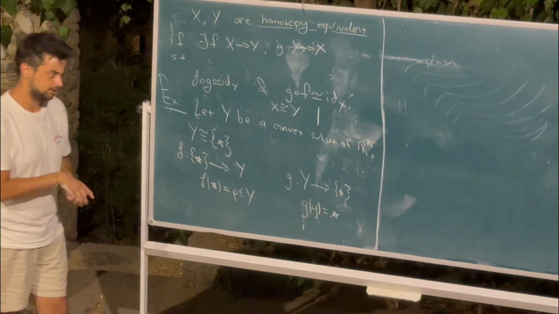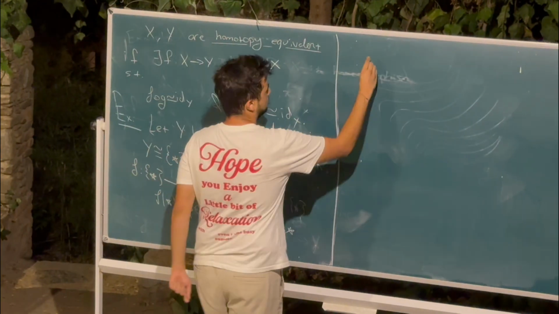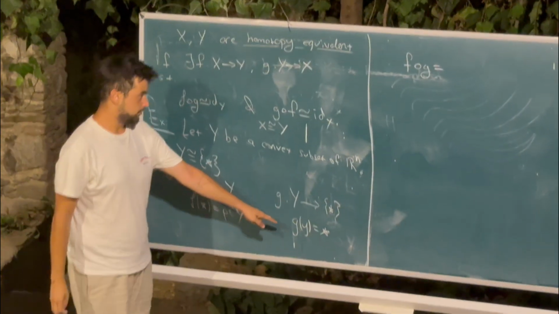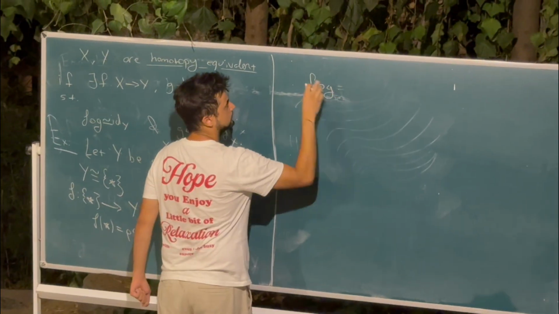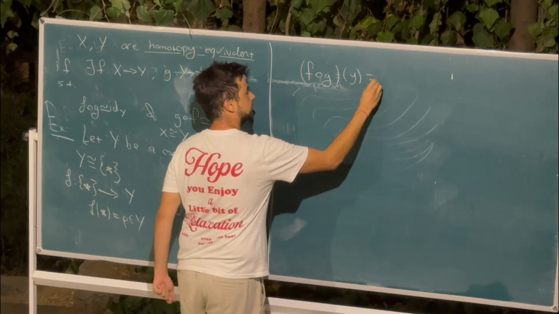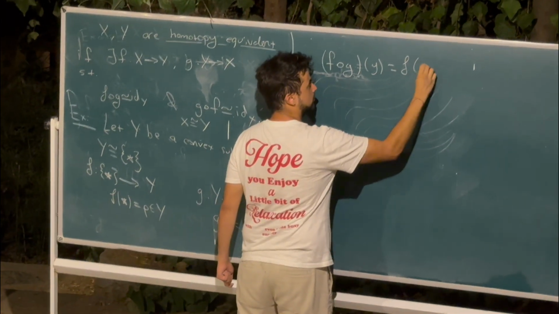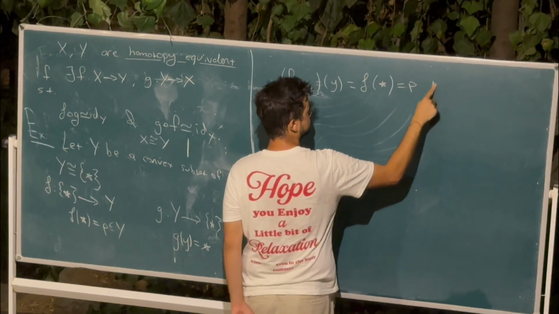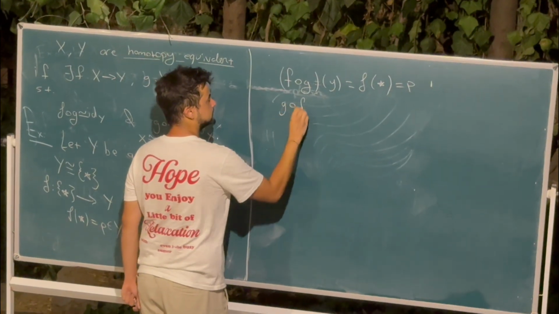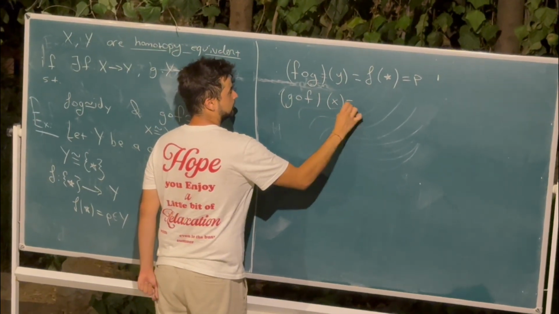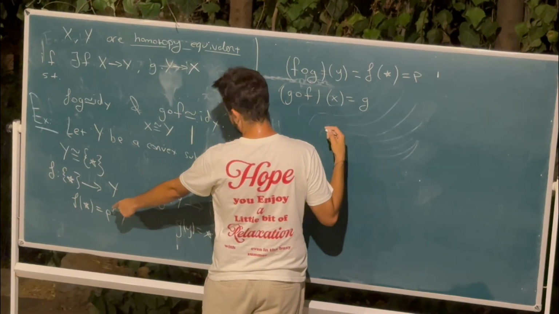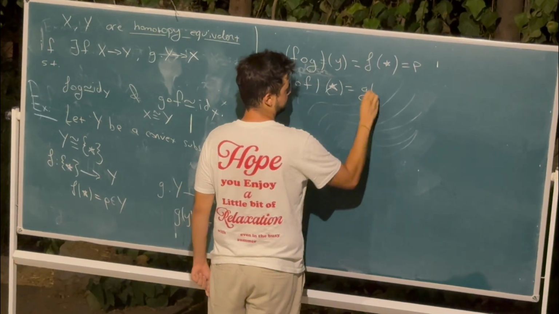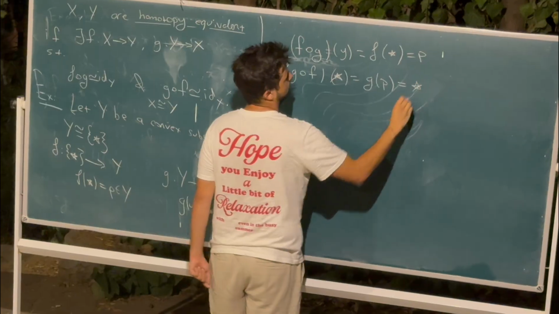Let's try to see what happens when we compose them. If I do this, what do I get? g of y is star, and f of star is p. And the other composition is f of star, which is p, and this is star.